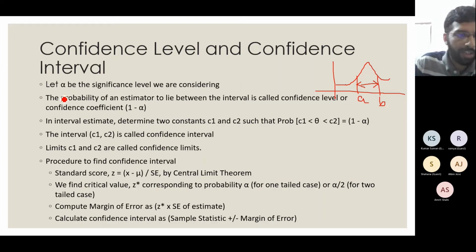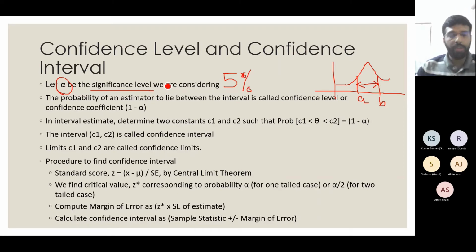The first one, which we already saw yesterday in hypothesis testing, is called alpha, the significance level. If nothing is specified, I will take my significance level as 5%, or 10%, or even 1%.